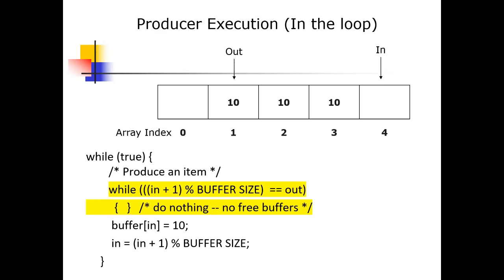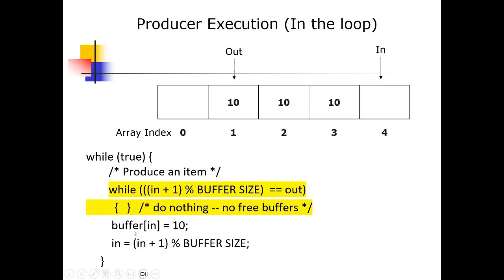So it is false, right? Why? Now in is 4. 4 plus 1, right, is 5, right? 5 mod 5 is 0. Out is 1. 0 equals 1. This is false.